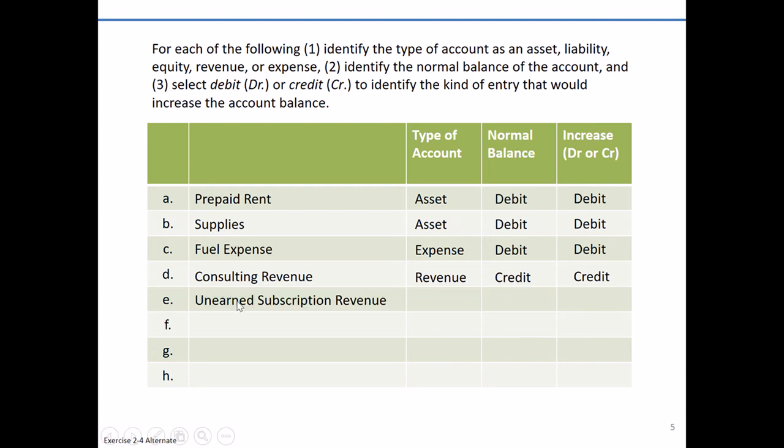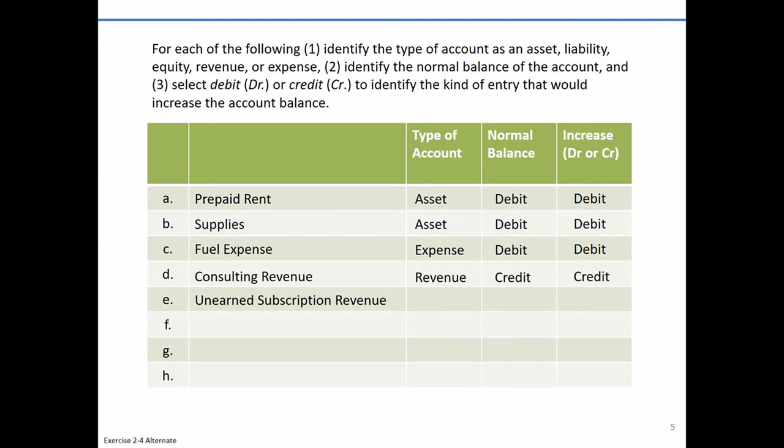Unearned subscription revenue. Well, you might say, well, the one before had the word revenue in it, and this was revenue. The problem is when we add the term unearned to this particular what looks like a revenue account, we turn it from revenue to a liability. Unearned means that this is a liability, this is an obligation. For example, this might be something like Wall Street Journal, where you get customers that pay in for a 6-month, 6-week, 1-year, whatever subscription it is.